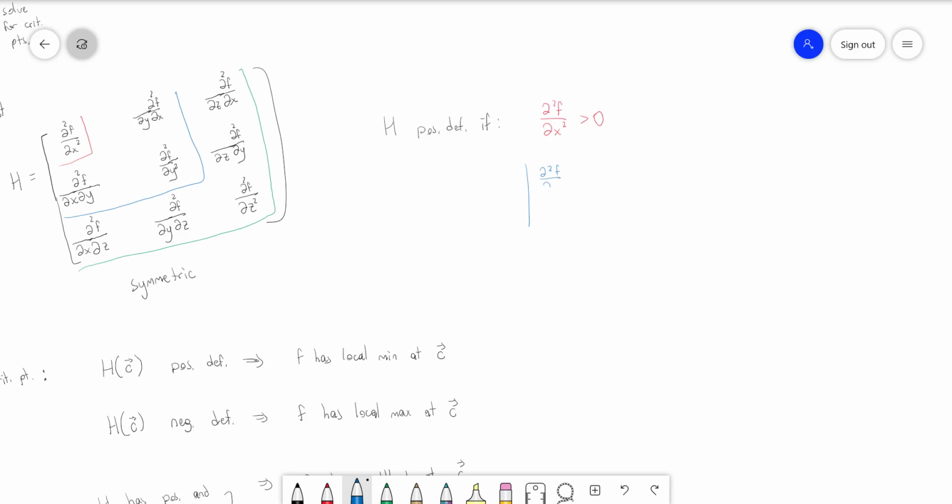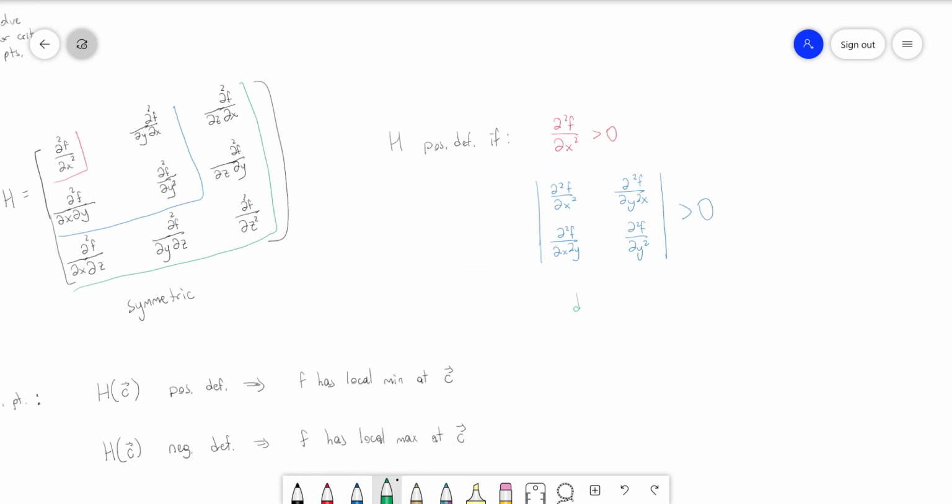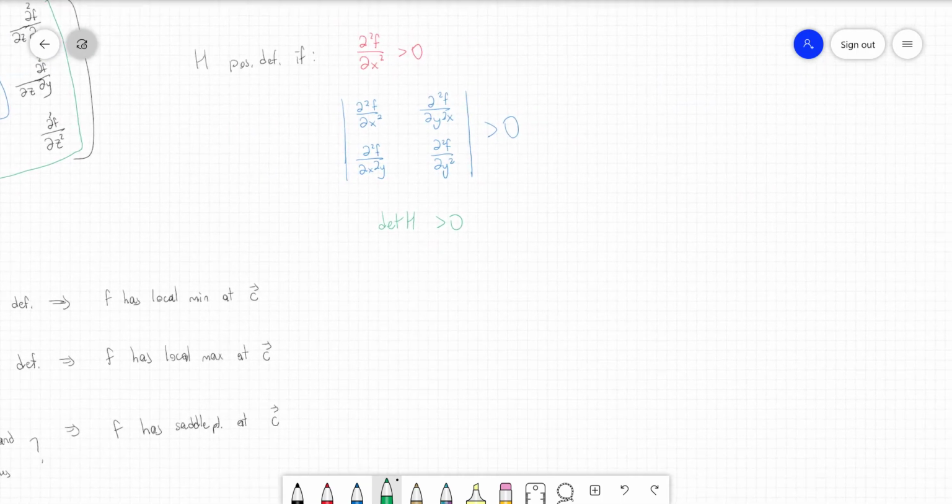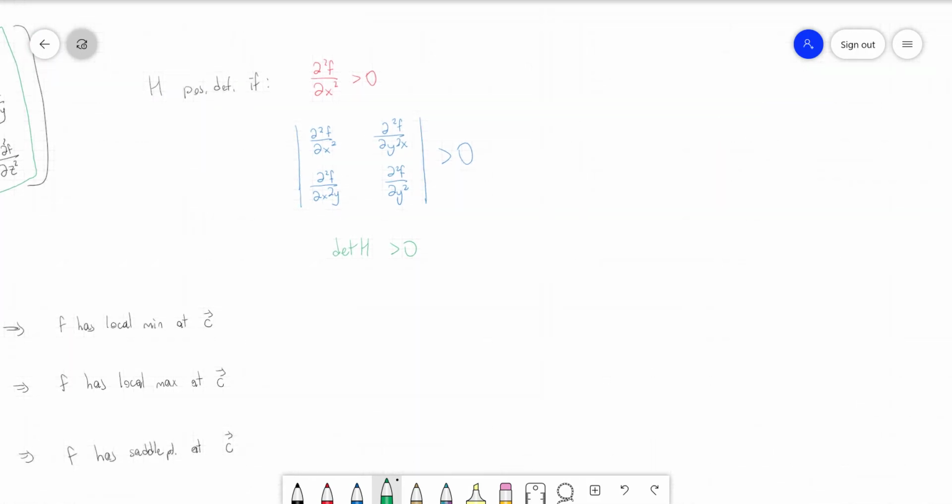So take the determinant of this 2 by 2 matrix, and the determinant of this has to be positive. And then finally, you would need the determinant of the entire 3 by 3, the determinant of the Hessian itself, to be positive. So if all of those are positive, then the Hessian is positive definite. Otherwise, it is not positive definite.